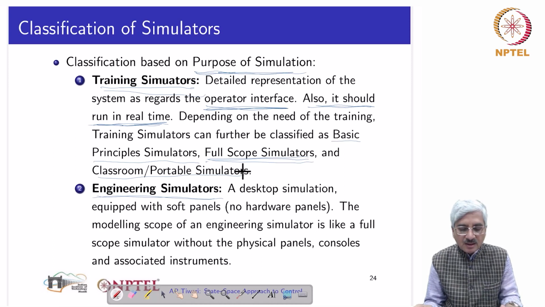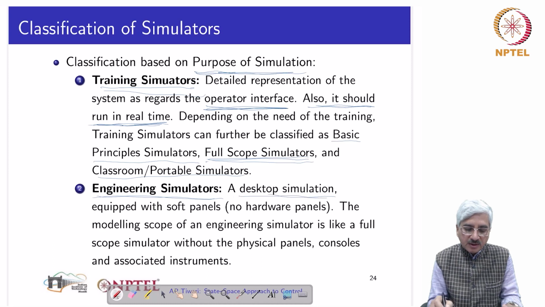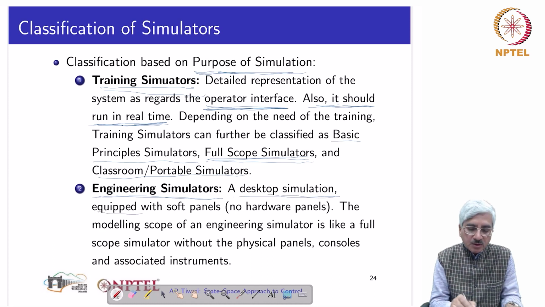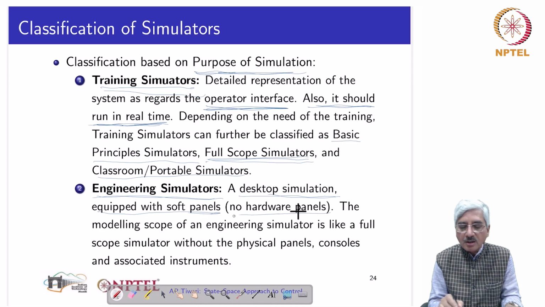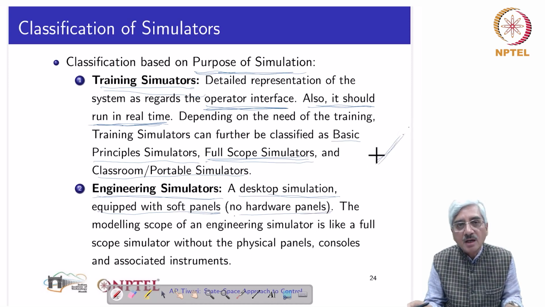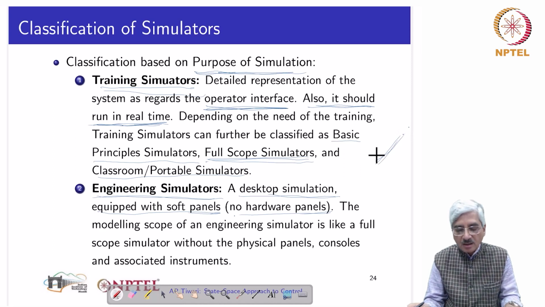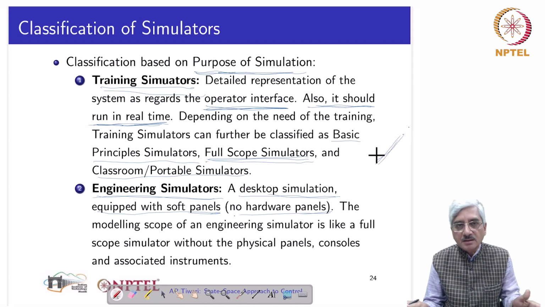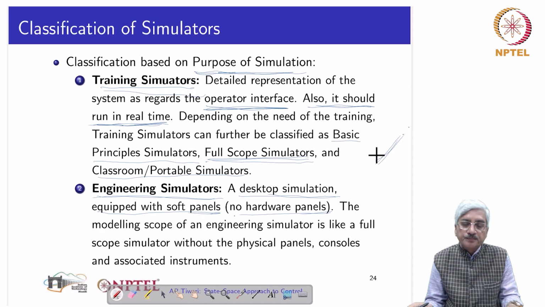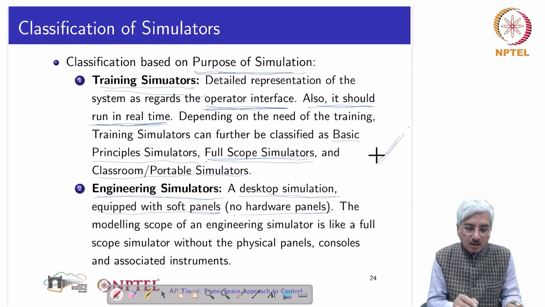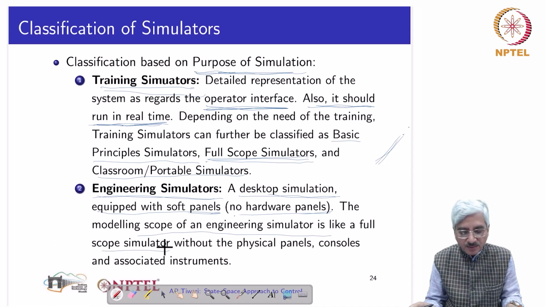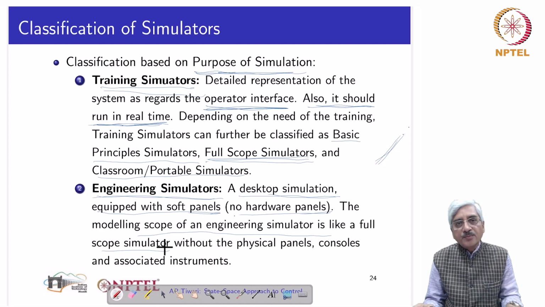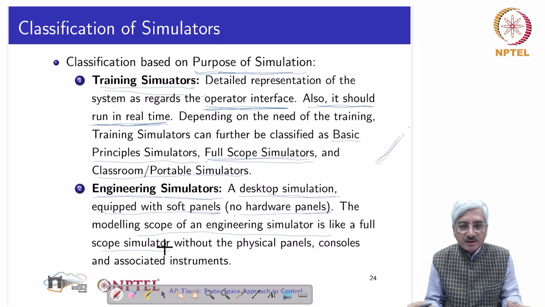Engineering simulator is generally a desktop simulator which is equipped mostly with the soft panels and no hardware panels are utilized. In training simulators, we actually have the hardware panels as exist in the real control room. The modeling scope of engineering simulator is like a full scope simulator, meaning that the mathematical model is as in a full scope simulator.